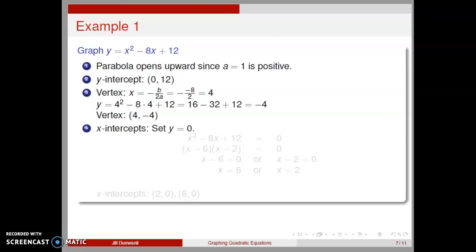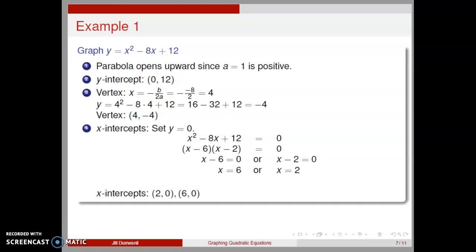To find any x-intercepts, we solve the equation y equals 0. We have a quadratic equation to solve. Fortunately, the quadratic expression factors, producing a product equal to 0. Therefore, one of the factors must be 0, and we get that x equals 2 or x equals 6.